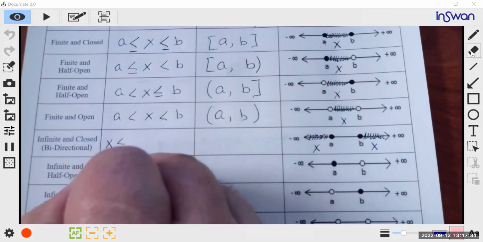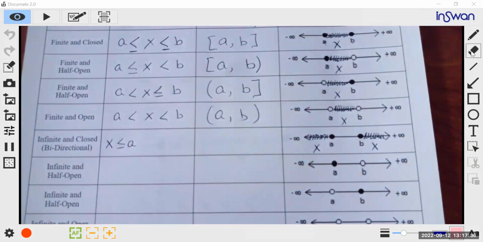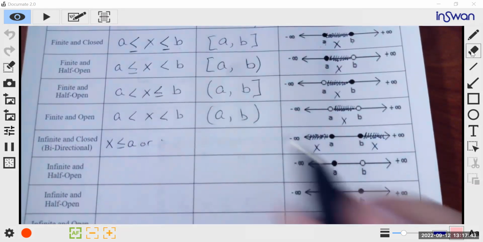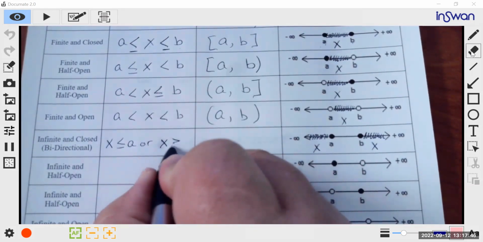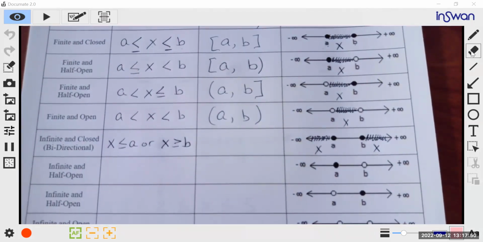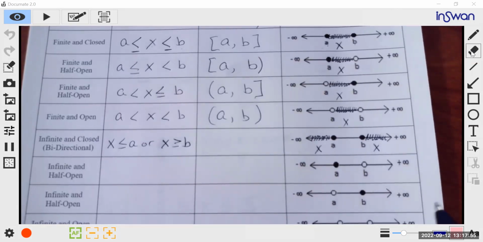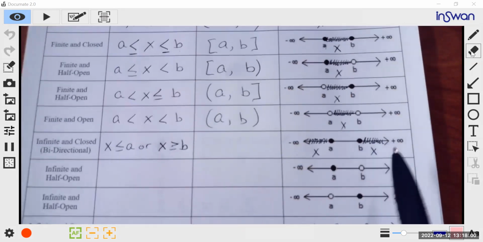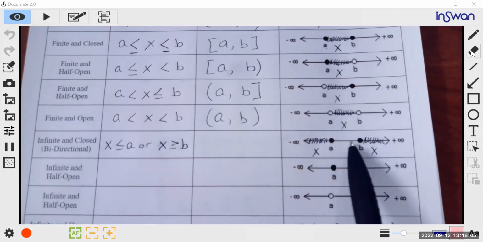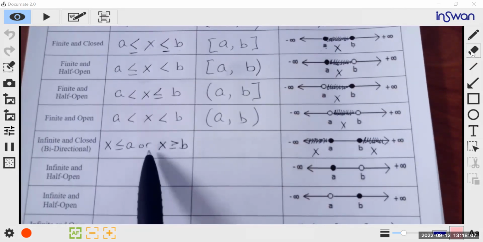X is less than or equal to A. Or X is greater than or equal to B. In other words, you notice it said or, because if I'm thinking of a number that's in this range or this range, it could either be in here or it could be in here. Those are my correct answers. It cannot be in here. So that's why I put or there.